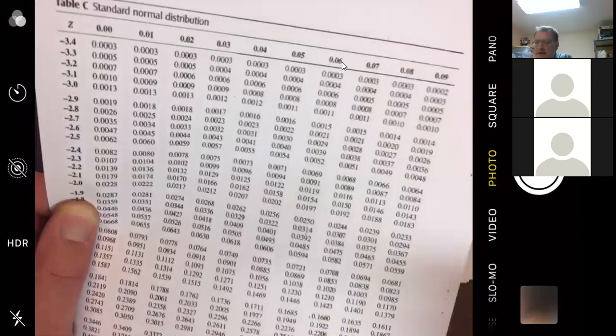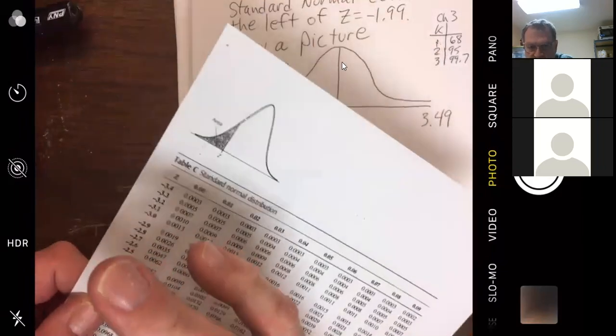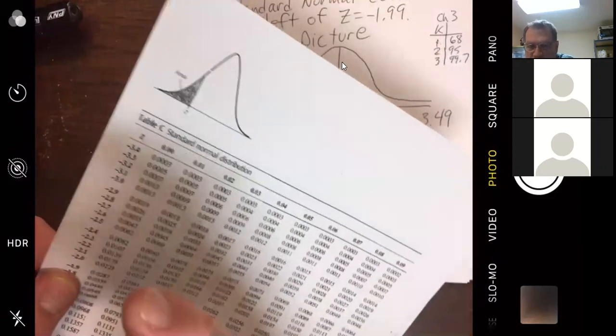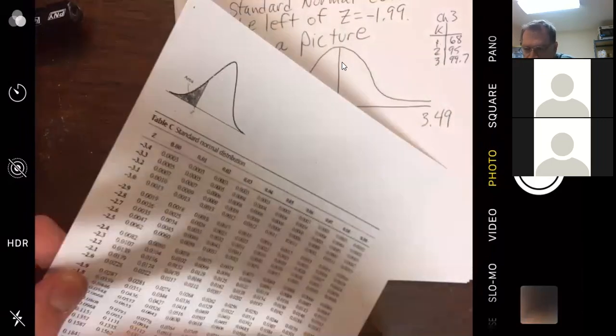Okay, let me do 2 or 3 more because this is very repetitive. Once you see 2 or 3 of them done, it should make a lot more sense.